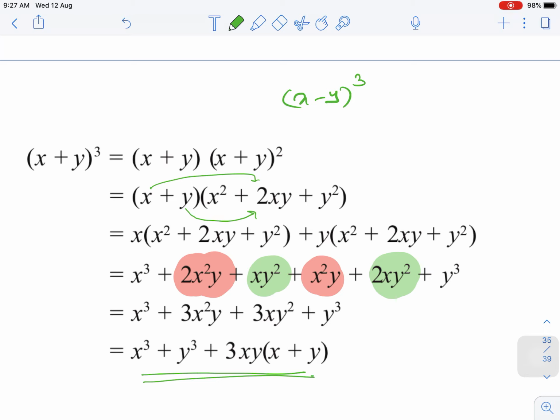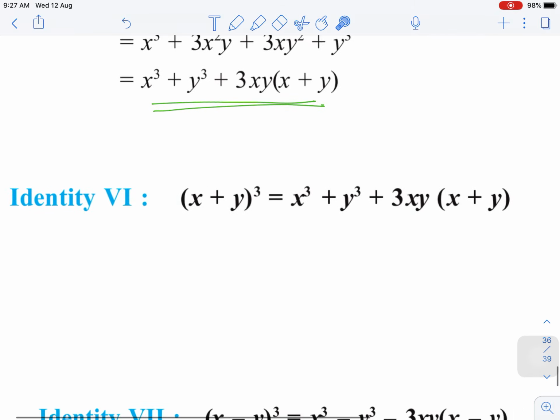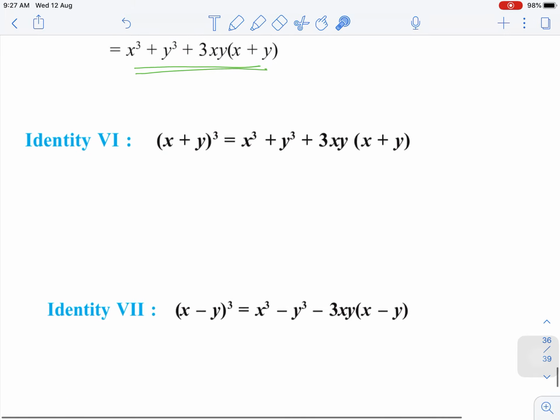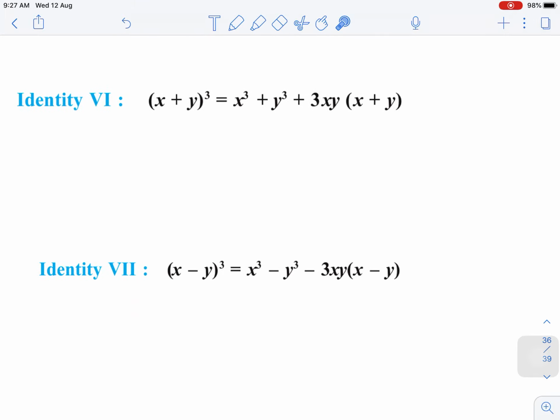(x minus y) bracket cube. How will you derive it? Same condition: first keep (x minus y) and then keep (x minus y) bracket square, then further you will get a formula in the same way. So now we are getting two identities over here. Our first identity is (x plus y) bracket cube equals x cube plus y cube plus 3xy in bracket (x plus y).